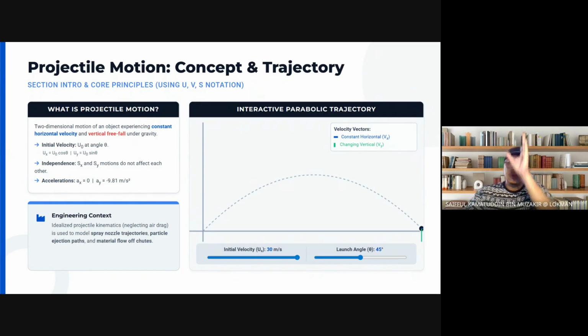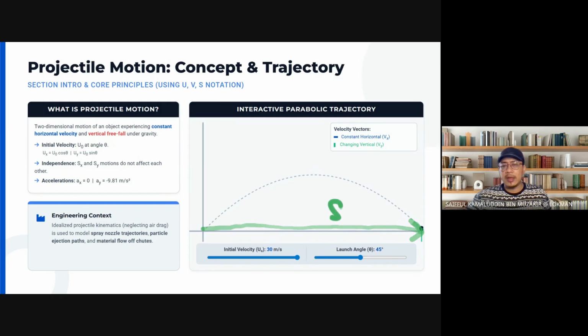So look again. In free fall, the previous part, we only played around with uy, vy, ay, and sy. But for projectile motion, because the ball is moving up and down, and also from left to right, we have both x and y components. So instead of only vy, uy, ay, and sy, we also have ux, vx, ax, and sx. Our sx could be manipulated to calculate the total range of the projectile motion, the distance that the ball can travel.